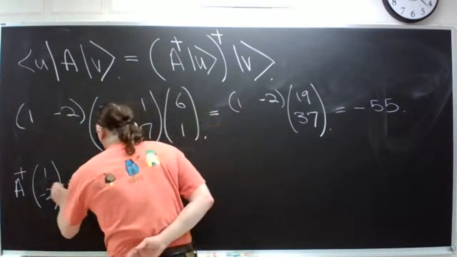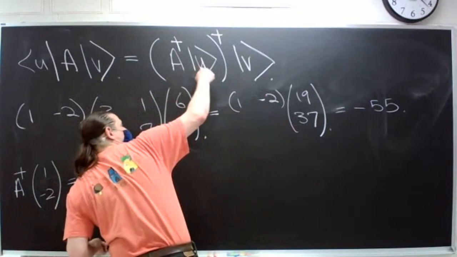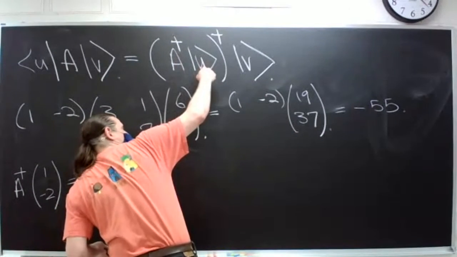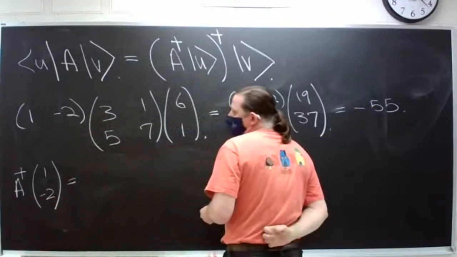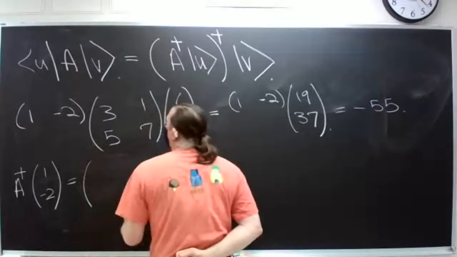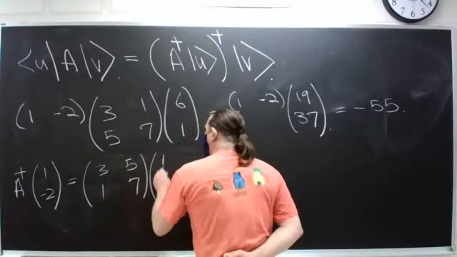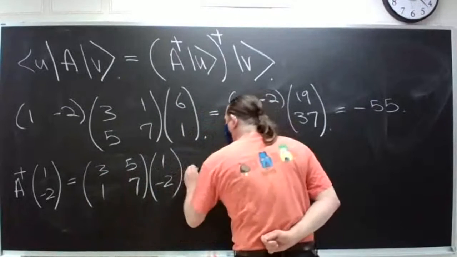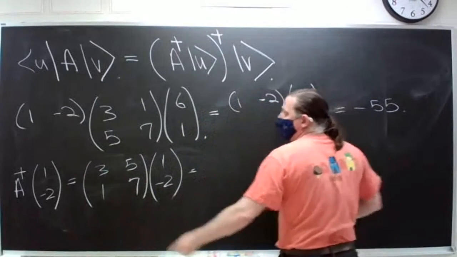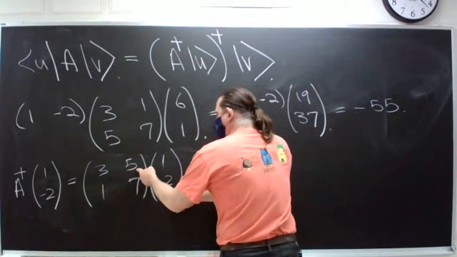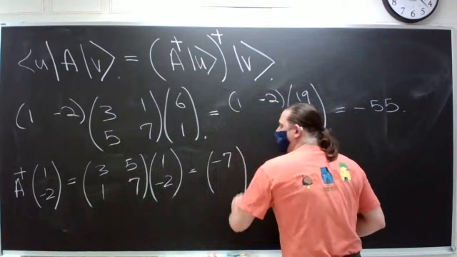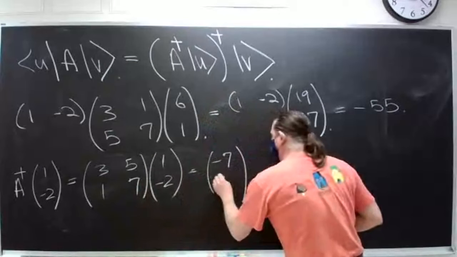Because that's what this says: A dagger acting on ket U. So what would that be? Well, I'd have 3, 5, 1, 7, acting on 1, negative 2. And that's going to give 3 minus 10, and then 1 minus 14.